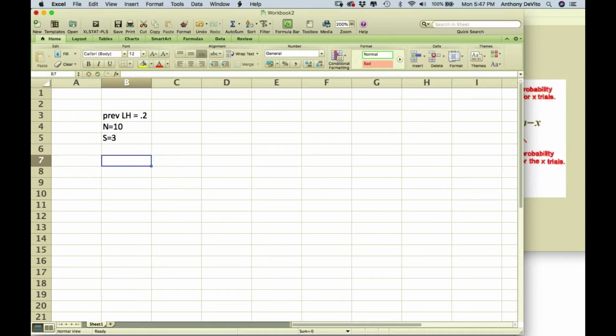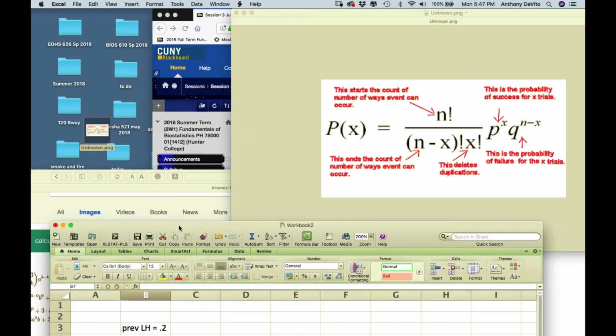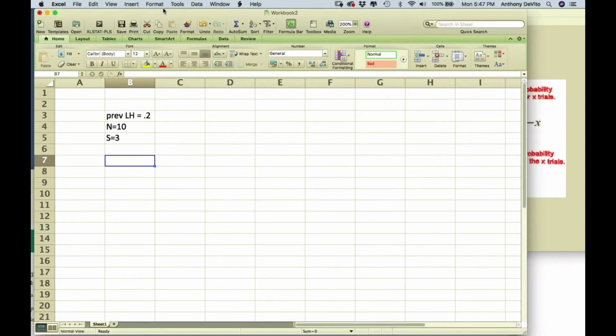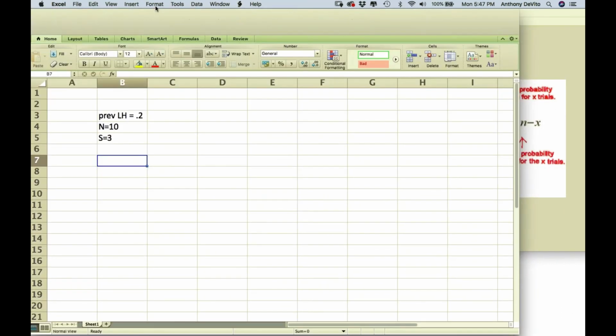In other words, 3 out of those 10 people would be left-handed if I randomly sample them from that population. Well, again, I could apply this pretty nasty formula that we saw. That's called the binomial formula.